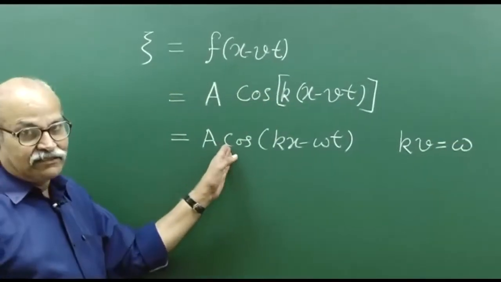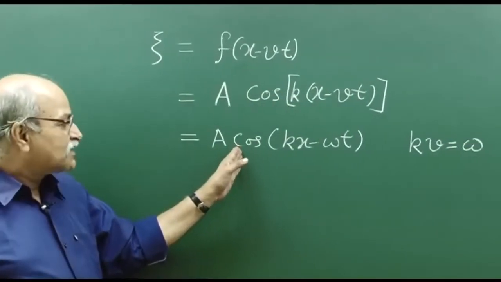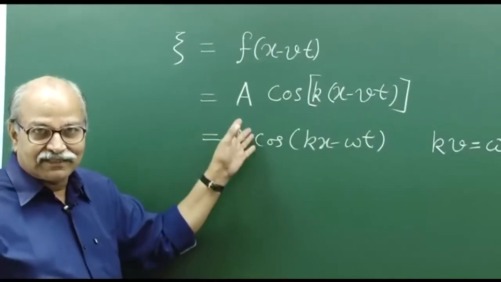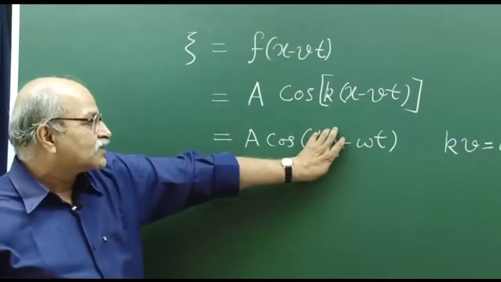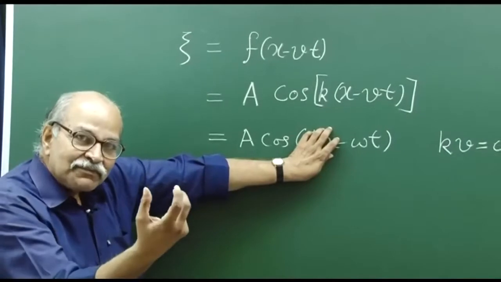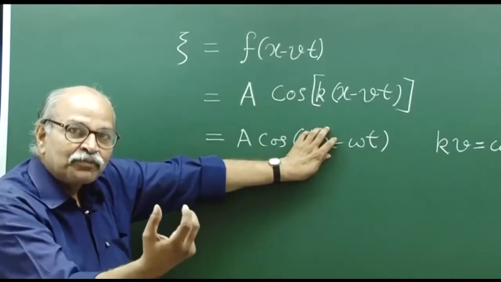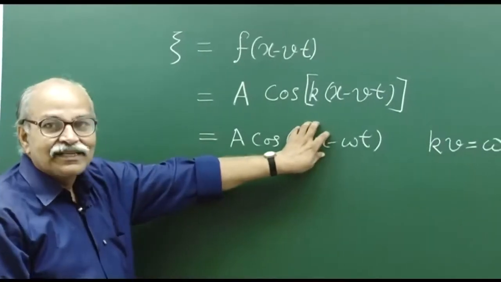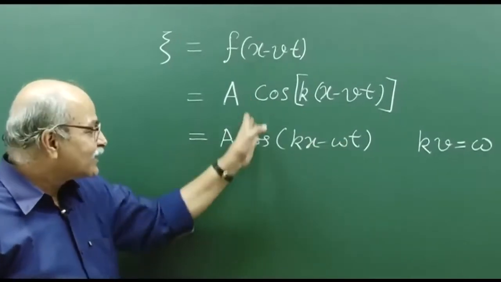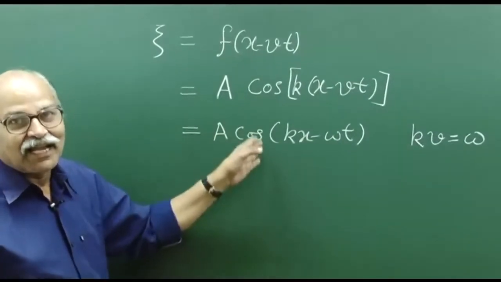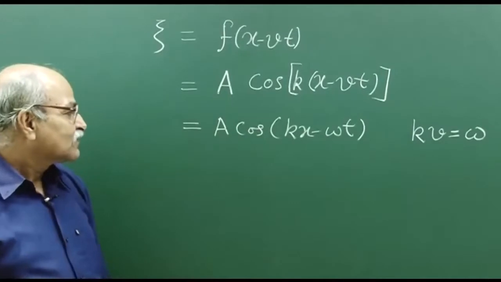Now this, you are familiar with this. There is a kind of simple harmonic oscillation. If you fix some x in your medium, some small portion, so fix that x, it varies with time, and that oscillation is simple harmonic oscillation.